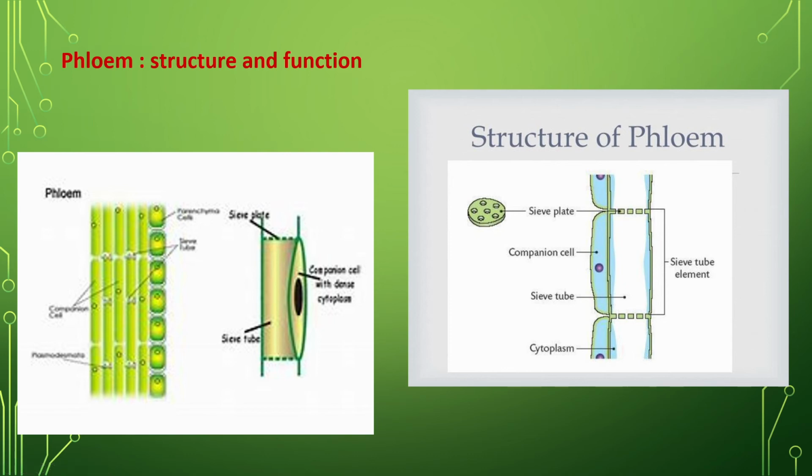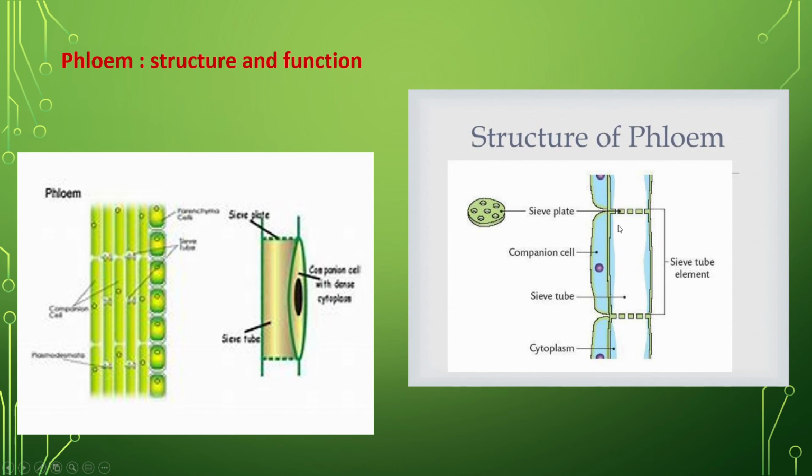Only the phloem fiber is a dead cell and the other three are living cells. So that is the sieve tube element and here is the companion cell. Companion cell means the helping cell or accessory cell, and it also has cytoplasm, and the companion cell also has a nucleus, but the sieve tube has no nucleus.